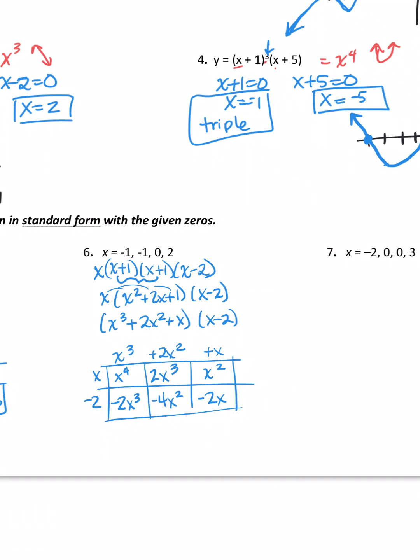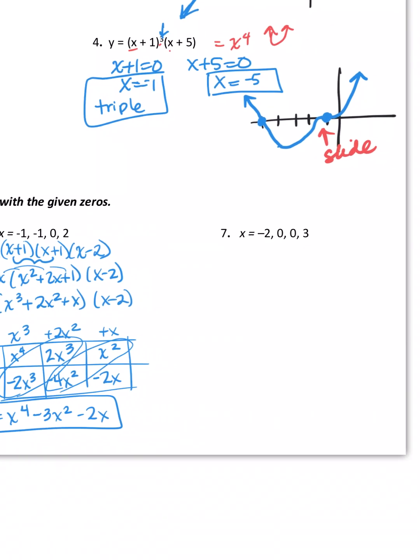All right, let's combine like terms. So I have x to the fourth. These two go together, but look, they cancel each other out, don't they? So these two are my next terms. They'll be negative 3x squared minus 2x. There we go.